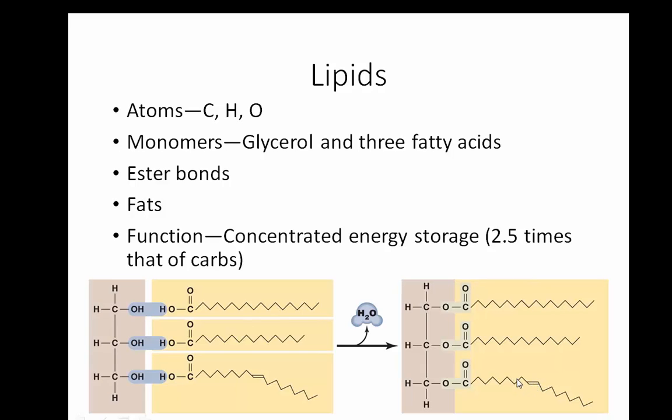And when that happens, you get a bend in the chain that kind of throws the chain off. These two fatty acids were saturated. They had all of the hydrogens on them they could. This particular fatty acid here, this last one, was an unsaturated fatty acid. Because it has the double carbon bond, it doesn't have the maximum number of hydrogens associated with it.